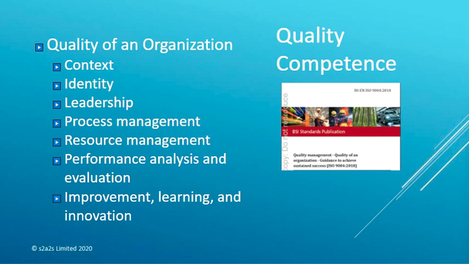And next to performance evaluation, or performance analysis and evaluation. So for the QMS to be effective, we need to have appropriate measures in place, appropriate measures of performance. And the auditor should be using their knowledge of organizational context to test those measures to see that they are relevant for the industry or for the sector that the organization operates in.